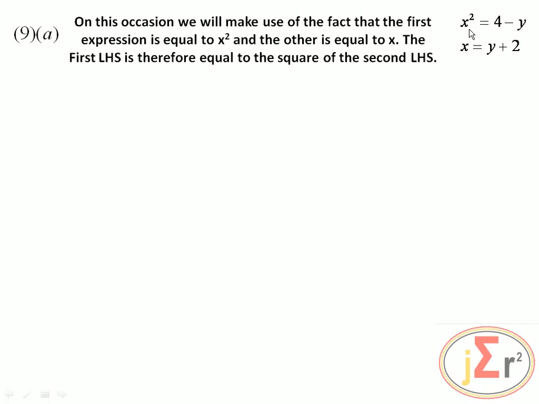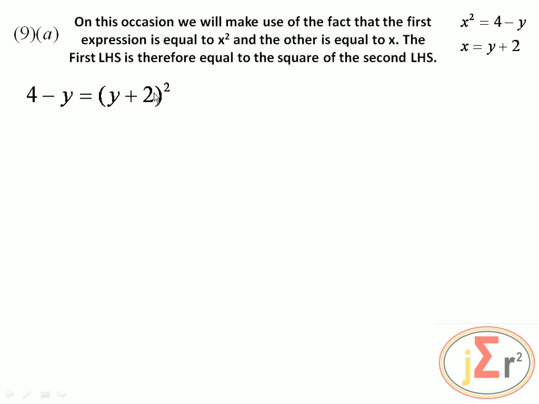So we have x squared is equal to 4 minus y, and x is equal to y plus 2. This is x squared, this is x. Therefore, this one is the square of this. So square this one and equate it to this. So we have 4 minus y is equal to y plus 2 all squared.